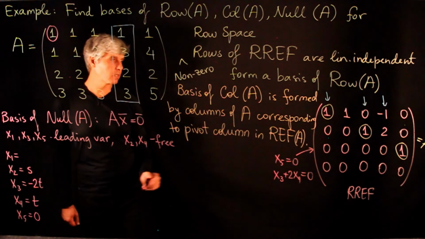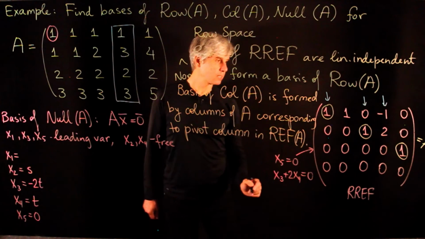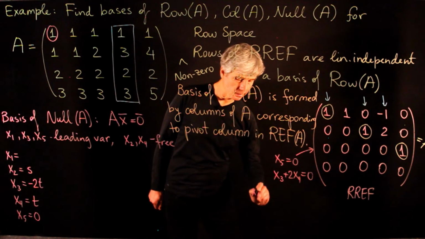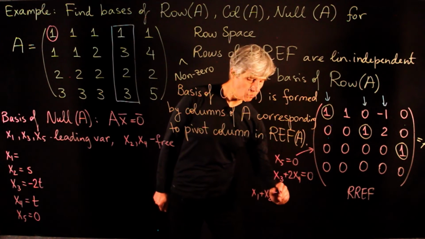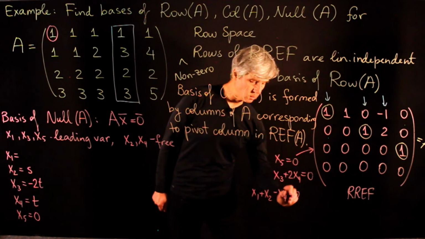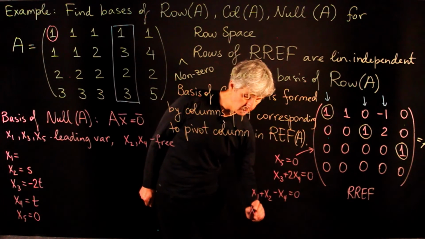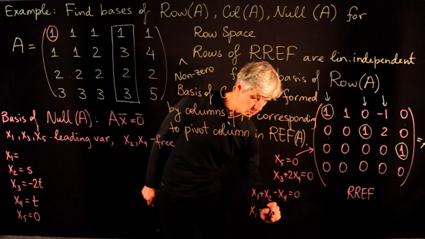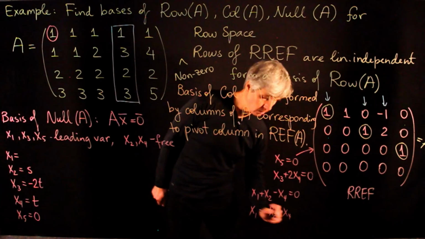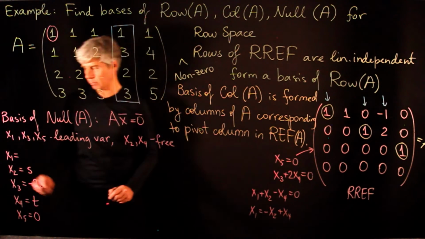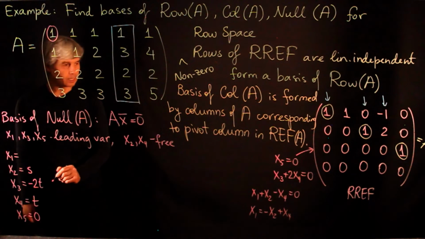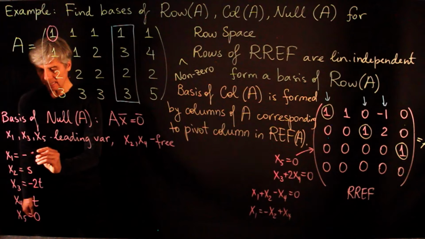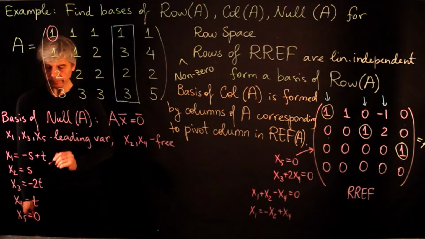And the first equation says that x1 plus x2 minus x4 is equal to 0, which means that x1 is equal to minus x2 plus x4. Since x2 and x4 are both free variables, we get that x1 is equal to minus s plus t.